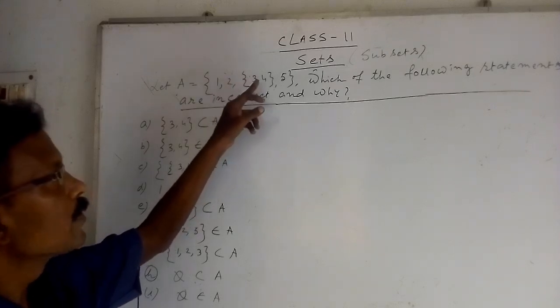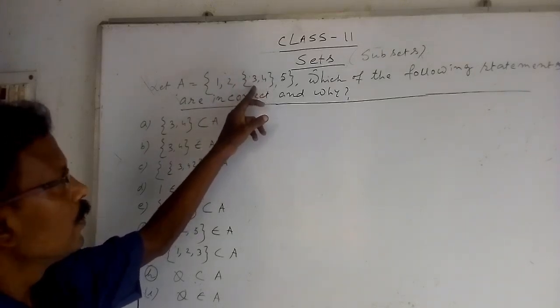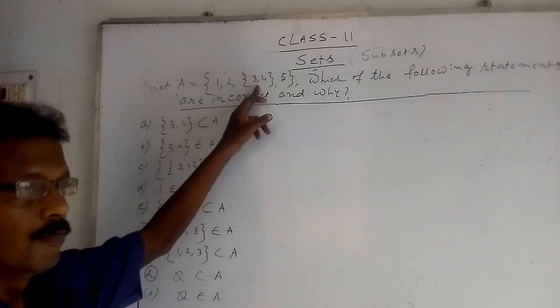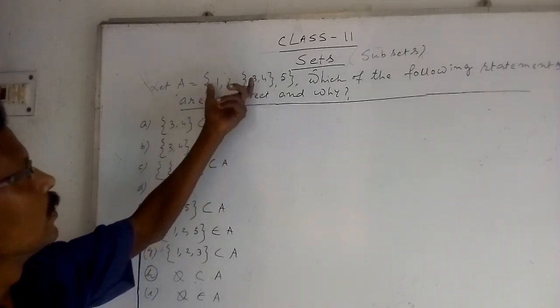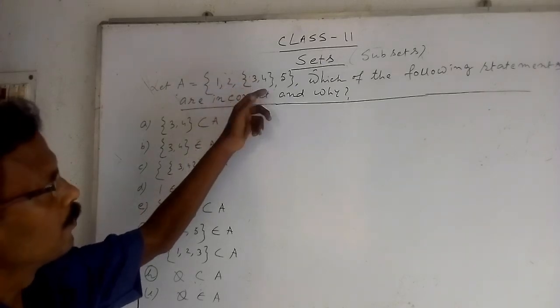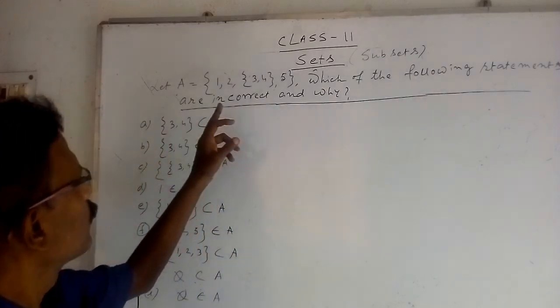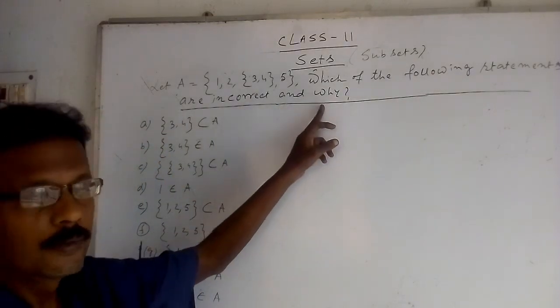The third element is within a second bracket, {3, 4}. This is a set, but this is also an element which belongs to the mother set A. And 5.